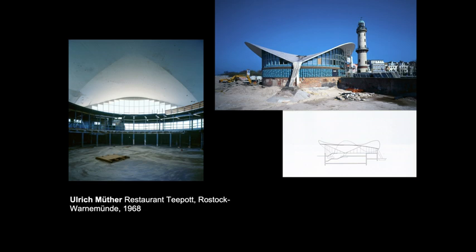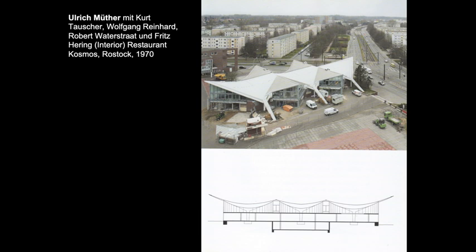Well, another example is this very famous building, the so-called Teapot in Warnemünde, Rostock-Warnemünde, very close to the lighthouse. And this is constructed in a classical way with a double curved shell, the hyper shell, or HP shell as it is called. And in the same way, the restaurant Cosmos in Rostock is constructed with these double curved shells.